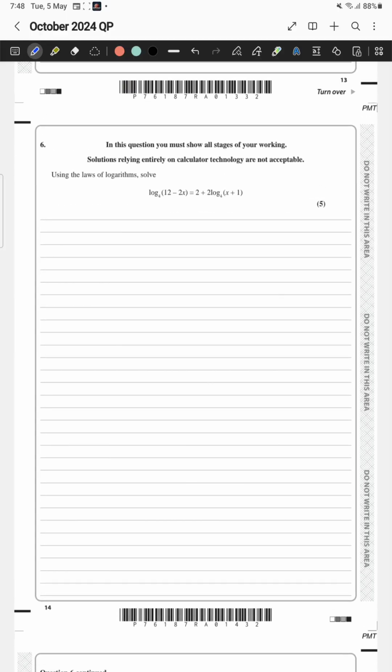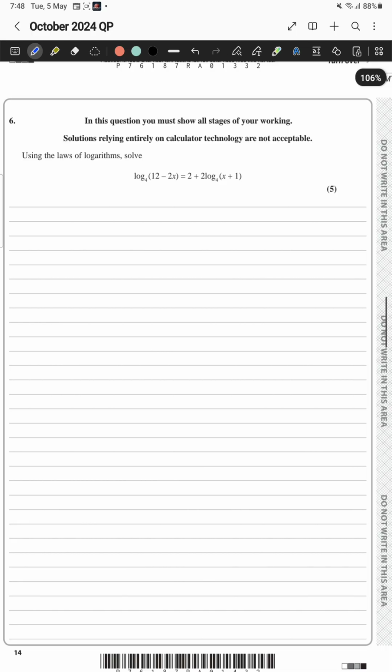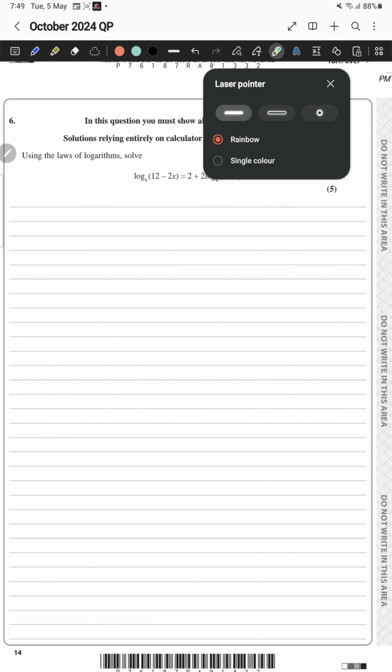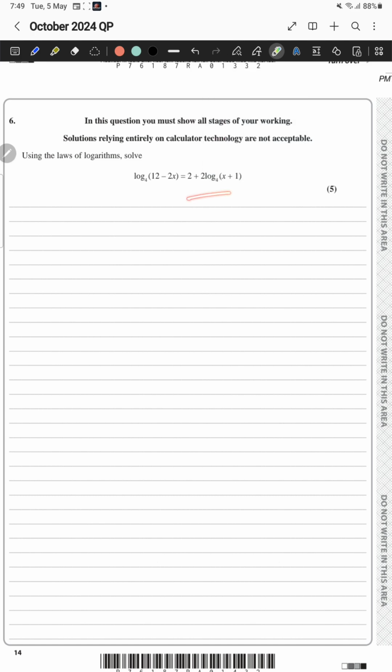Using the laws of logarithm, solve log to the base of 4 of (12 minus 2x) is equal to 2 plus 2 times log to the base of 4 of (x plus 1). Alright, so first, the target of this logarithm is that we have to write it as a single logarithm.